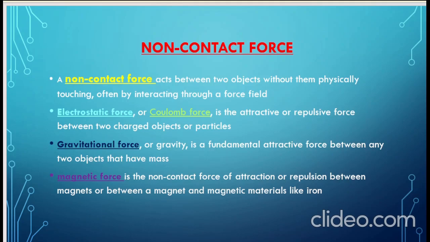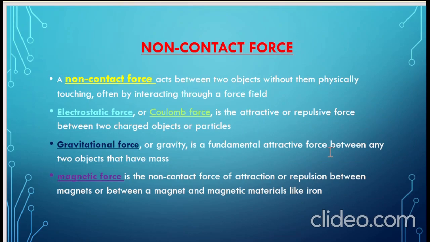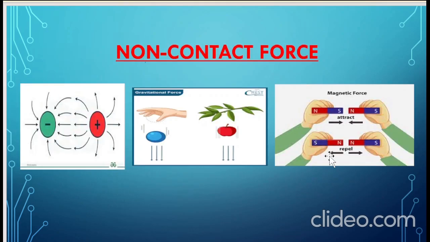Okay, then gravitational force. Gravitational force is nothing but the force of gravity between two masses. For example, see here, he threw the ball down. The ball came down due to gravity. There are two masses here, one ball and the second one is your earth.